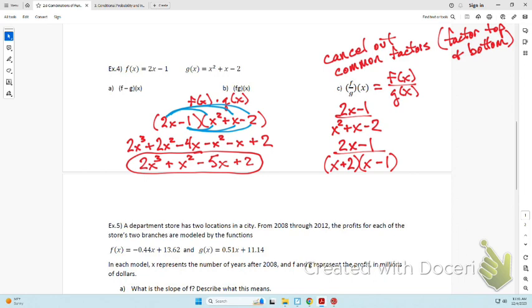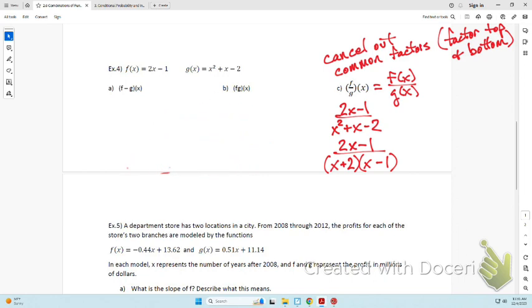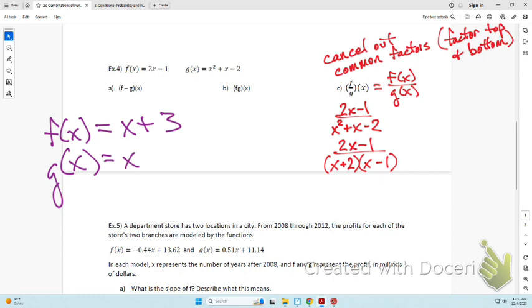So by common factors, I mean if you have any blank space on your paper, if we had a different problem that looked like this. So for example, if we had that and we had that, and we go to divide the two, we have a common factor that we can cancel out.